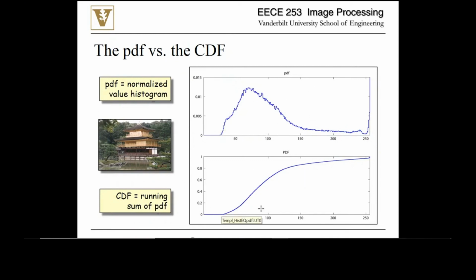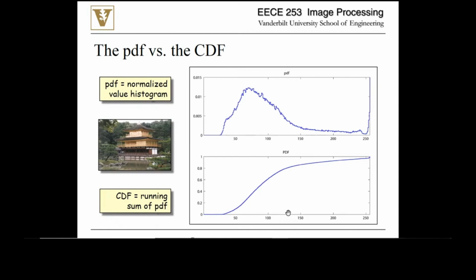This is not the histogram; histogram is always count, so count is 0, 1, 2, whatever. This is the normalized histogram. Look at the axis. So it is the probability density function. And this capital PDF, or I prefer this CDF, it is more clear. This cumulative distribution function is just the addition of all these values.